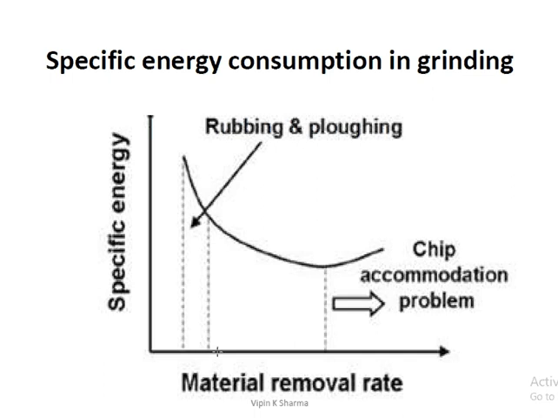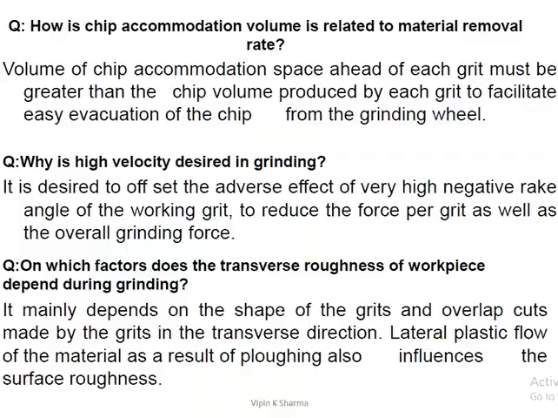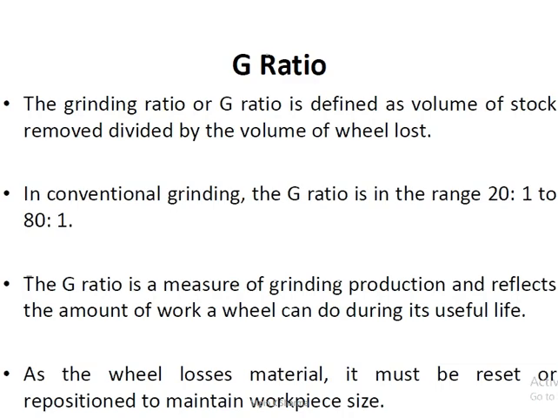So this is clear from this graph as well. During the rubbing and plowing processes, the specific energy utilized is very high. On the other hand, material removal rate is very low. So as the material removal rate increases in the case of shearing operation, that is completed with very less specific energy required.